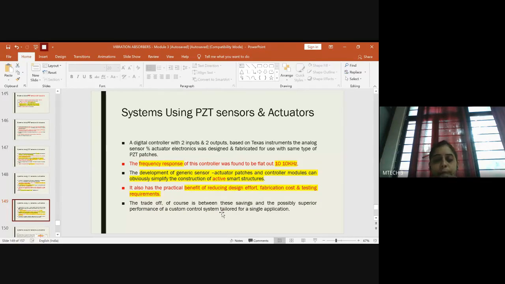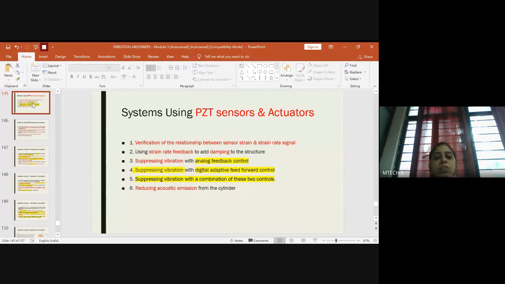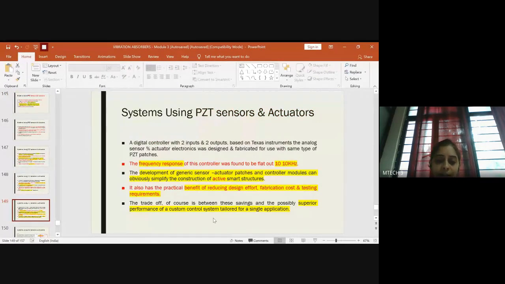So this type of superior performance he achieved was much more beneficial than that of the previous one which was developed by Finfield. He said that the performance of a control system could be tailored as per the requirement. The performance can be tailored in the sense that a single structure can be used for more than one application.